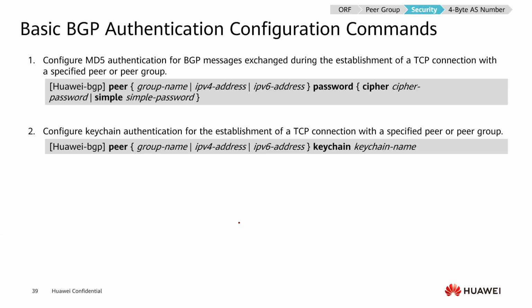And this is the configuration for the BGP to configure the authentication. For the MD5, you can use the peer neighbor command and use the password cipher or simple. And for the keychain, you need to use the keychain name to use the keychain algorithm for the password.